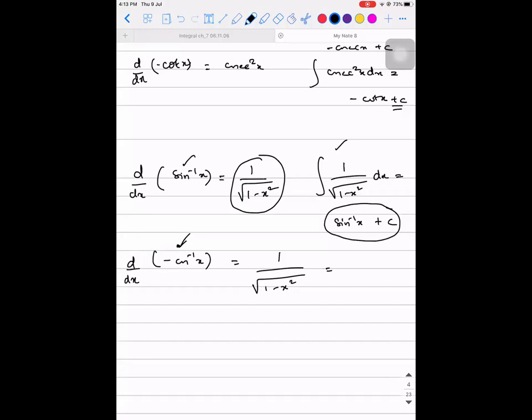Here, there is no interval. Forget about interval as of now; assume you don't know that interval exists. So which one should I take? The answer is both are right. Most of the time we take sine inverse x only. This kind of scenario occurs with inverse trigonometric functions. Why I told you both are right is because the integral of 1 by root of 1 minus x square with respect to x is, according to this statement, what will it be?